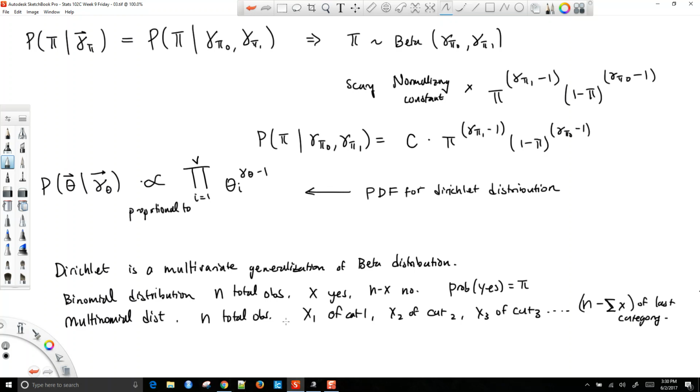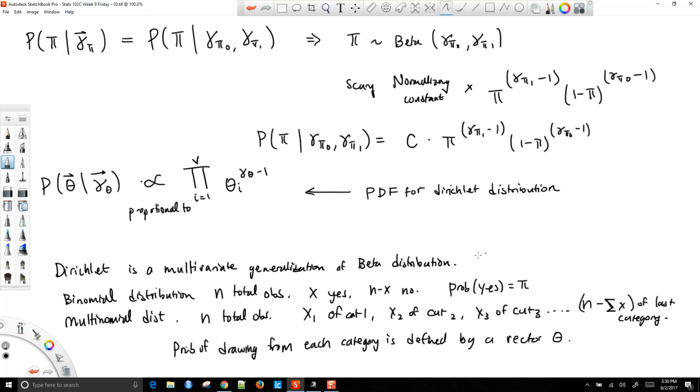And the probability of drawing from each category is defined by a vector theta.